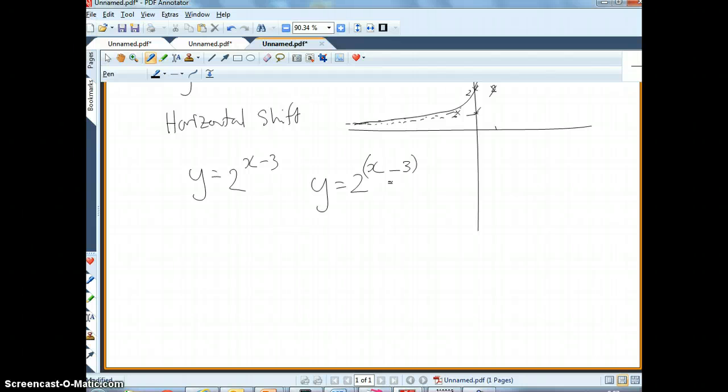Any ideas on how to flip the whole thing upside down? Where would the negative go? So you think if I put a negative here, the whole thing might flip upside down? Shall we try it with the graphing package?